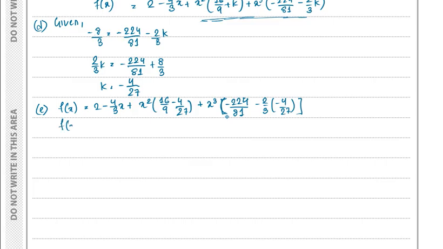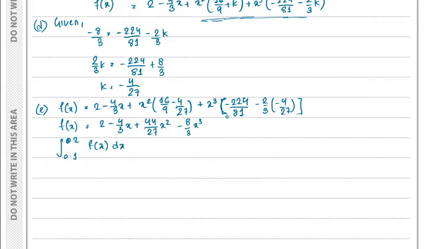So fx would be 2 minus 4 by 3x plus 44 by 27 x squared minus 8 by 3 x cubed. Now if we integrate this, from 0.1 to 0.2, fx, this is in terms of dx.